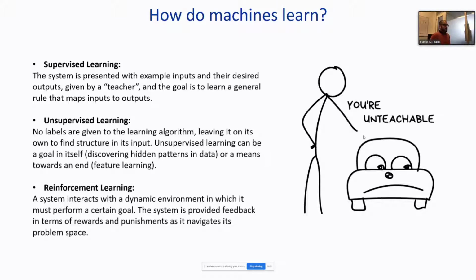The last type that we are going to go through is called reinforcement learning, in which the system interacts with an environment, and the goal is to perform an action, to accomplish something. The system is given feedback by the environment in terms of a reward or a punishment as it navigates the problem space. This is very easy to think about if we think about an animal navigating a maze.